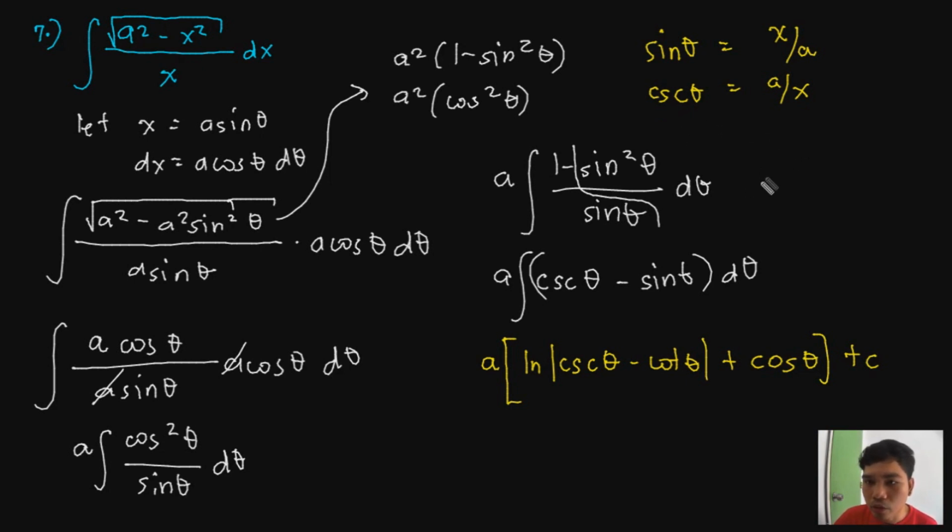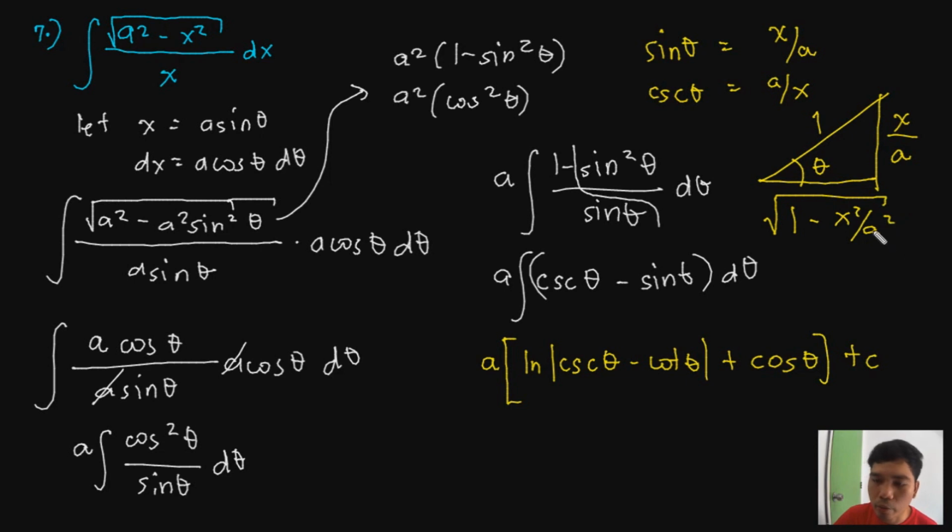So, what we have to do is to draw, again, yung ating triangle. And then ito yung theta mo, and then yung ating opposite is x over a. This is 1. And therefore, yung ating cosine would be something like square root of 1 minus x squared over a squared. Okay? So from this, we'll be deriving the other identities. So that is a, and then ln of a over x, and then cotangent.